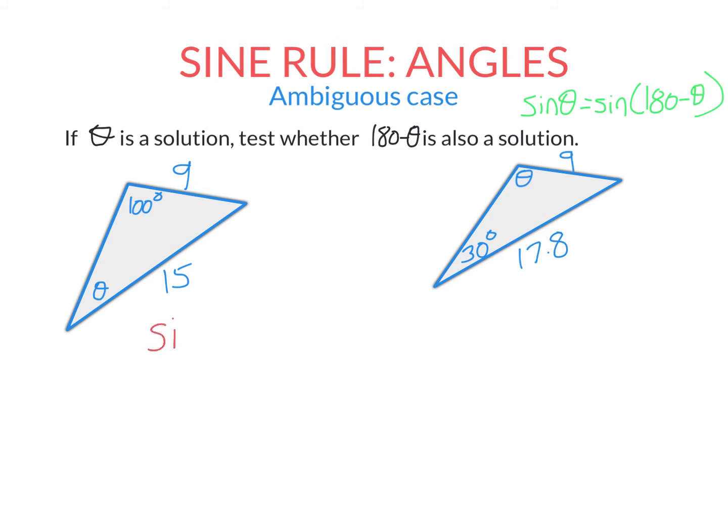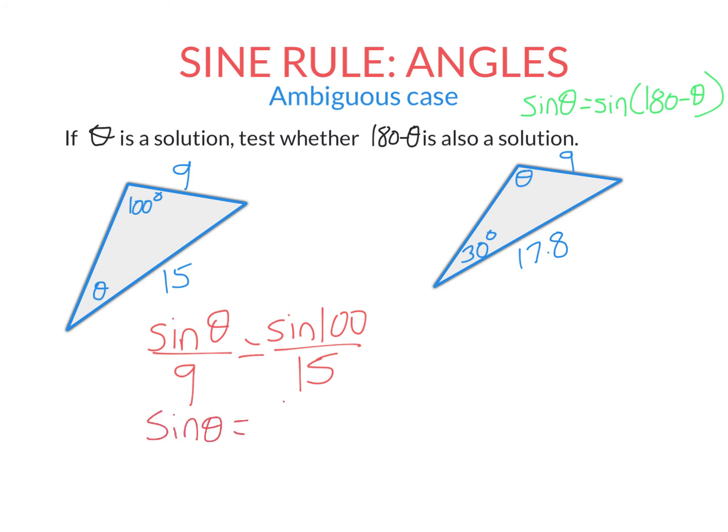So we have sine of theta over its corresponding side equals sine of angle over its corresponding side. When we're finding an unknown angle using the sine rule, we put the angles on top. It's just easier. Rearranging this equation, I'm going to multiply each side by 9, and then to get theta by itself, I need to take the sine inverse of both sides. Remember, you use sine inverse, cos inverse, or even tan inverse when you're finding an angle.